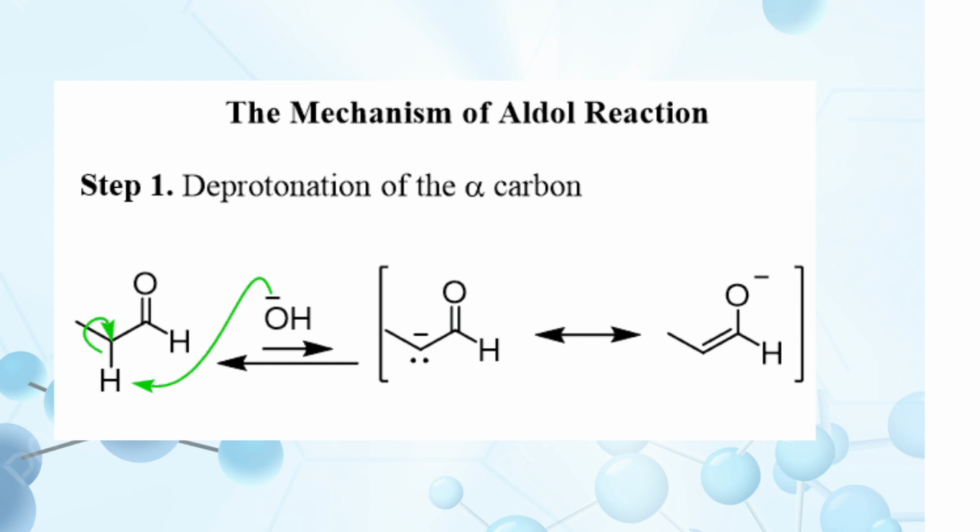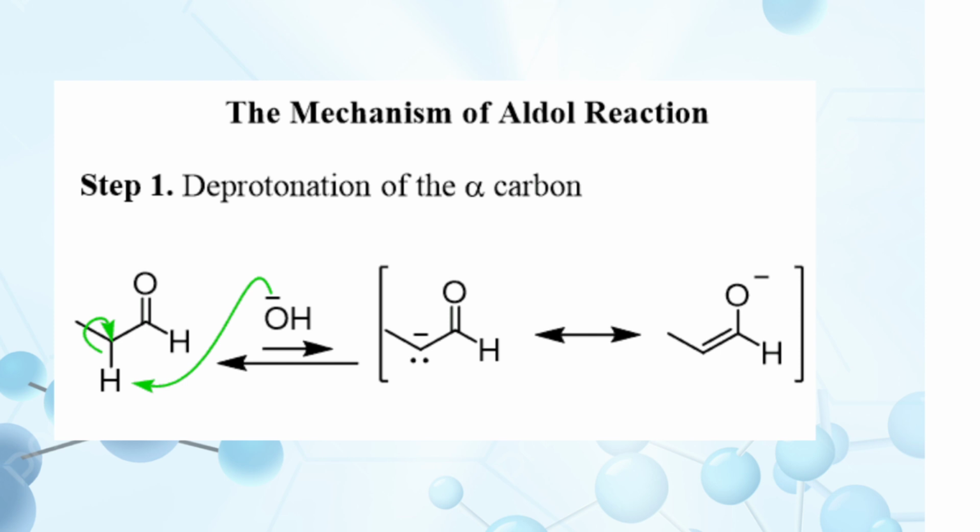In this step, the base present in the reaction, here NaOH, dissociates as Na plus and OH minus. This OH minus ion, that is the hydroxide ion, removes a proton from the alpha carbon atom to give the carbanion. This carbanion is a nucleophile.